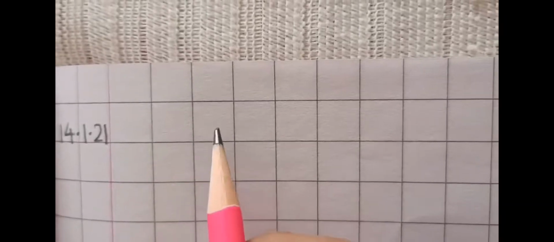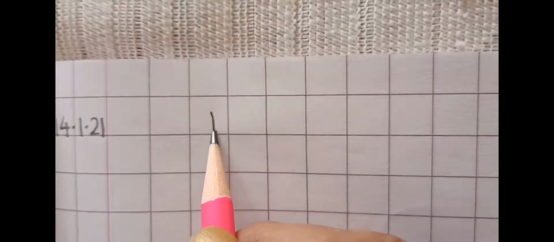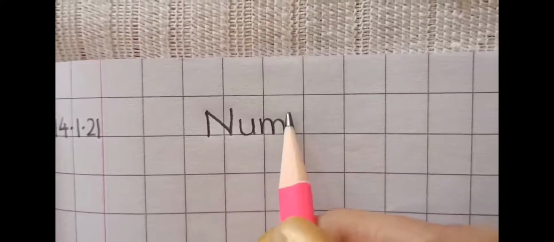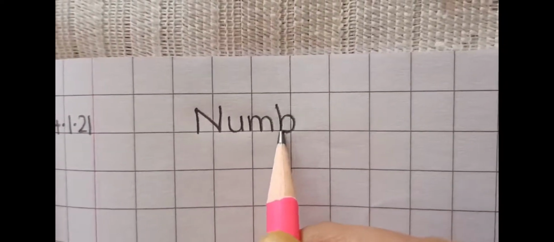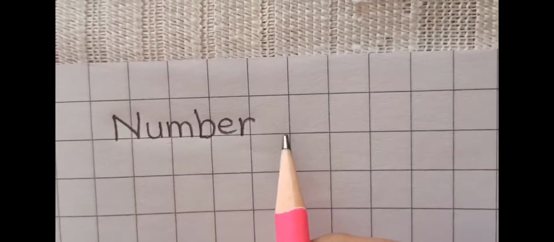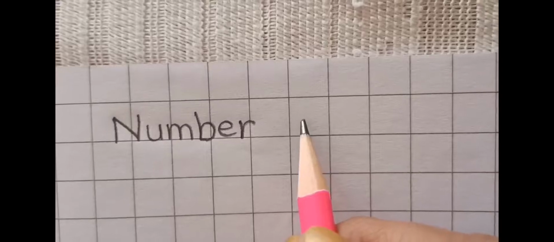For writing heading, leave 2 boxes and then write capital N, then small u, m, b, e, r. Number. Now we have to leave 1 box and write name.